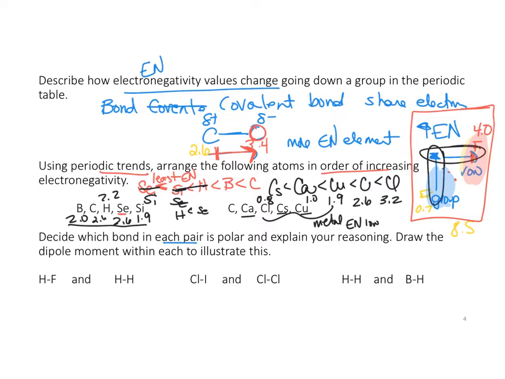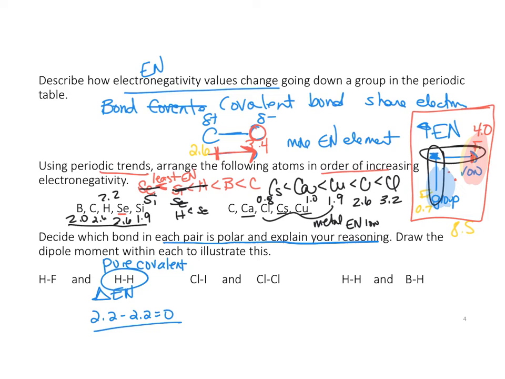Decide which bond in each pair is polar and explain your reasoning. Okay, so H and H, you can look at these numbers and then subtract the difference. Sometimes you'll see this triangle, which means delta, the difference in electronegativity, so 2.2 minus 2.2 is 0. And so this is pure covalent, meaning the electronegativity difference is 0.